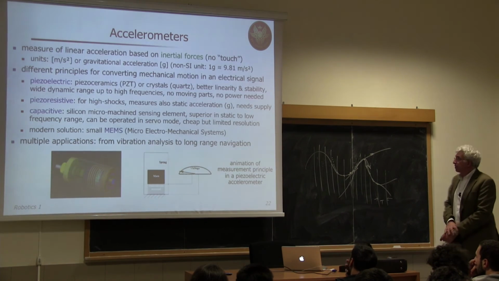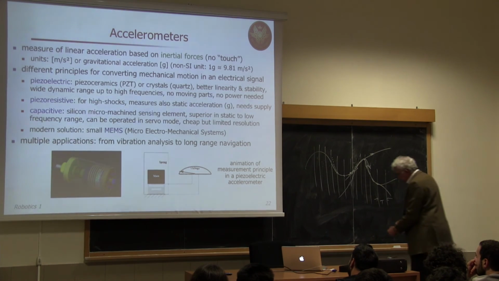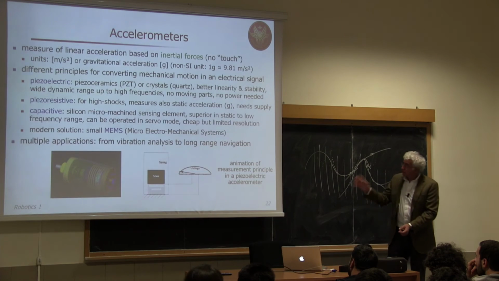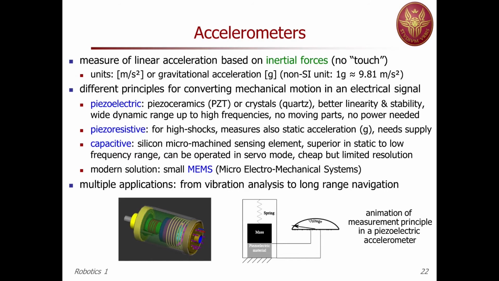The last proprioceptive sensor that I want to talk about, and these are new slides with respect to last year's, are accelerometers. I'm doing this because accelerometers are being used in several contexts in robotics. They are used for identification of dynamic models.